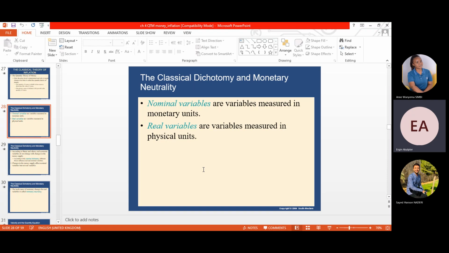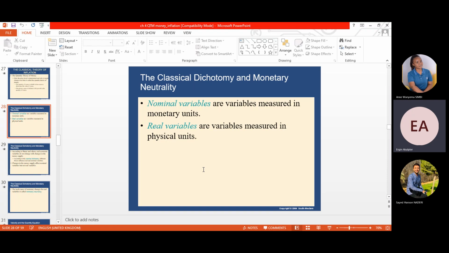And on the other side, the real variables, which are the purchasing power of the currency and the purchasing power of the produced goods and services in the system that will be bought with this currency, also affect the economy. Therefore, we always prefer to use the real variables when evaluating economic activities and the produced goods and services in the economy.